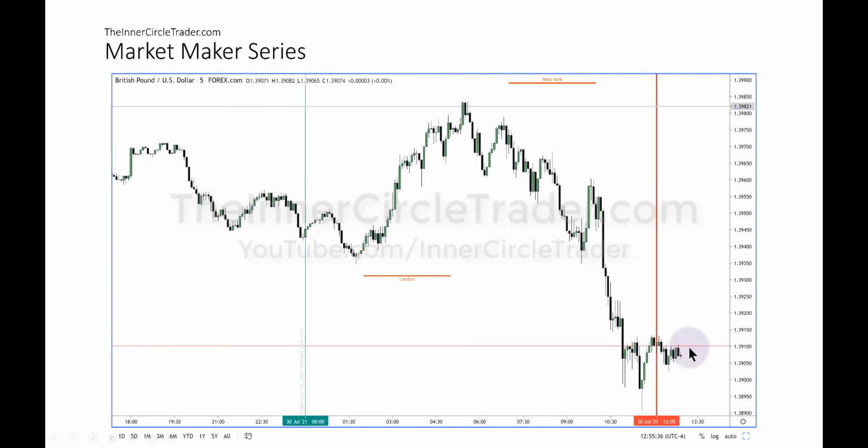So all in all, we've watched how the algorithm will seek liquidity, take that liquidity. Once that liquidity has been taken, it will look for opposing liquidity. We saw how the daily chart on pound dollar traded lower to take out its relative equal lows, and below that were sell stops.